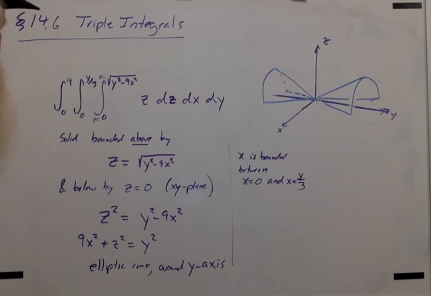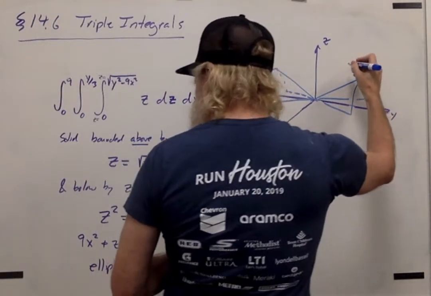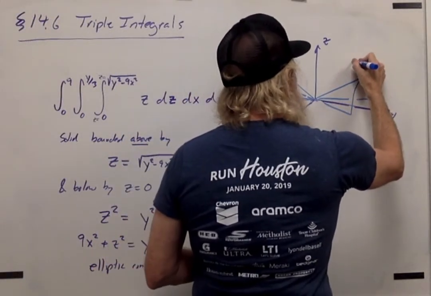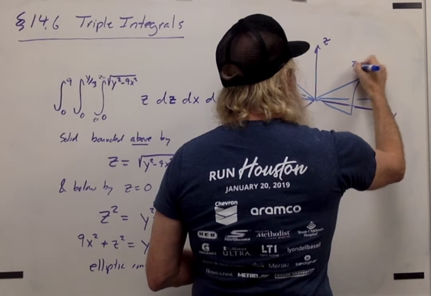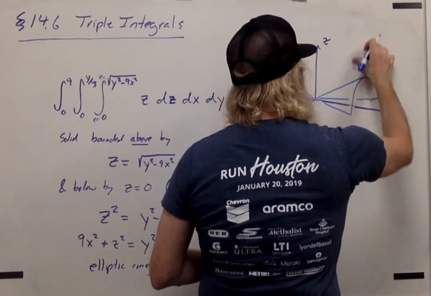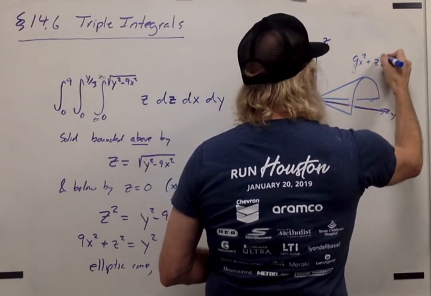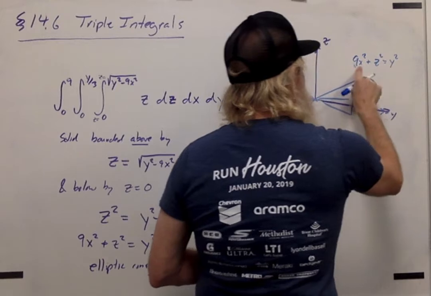Now, let me actually slow down just a little bit more and come back and look at this cone in just a little bit more detail. Remember the cone? The entire cone was 9x squared plus z squared equals y squared.